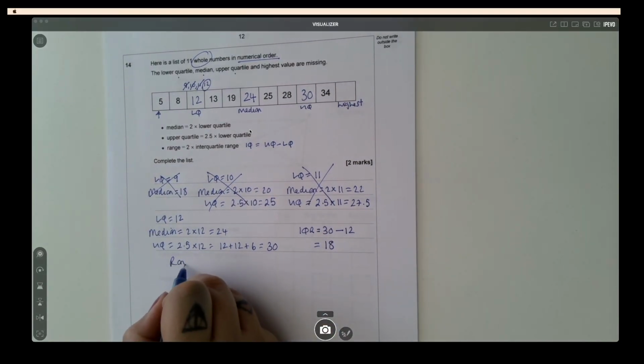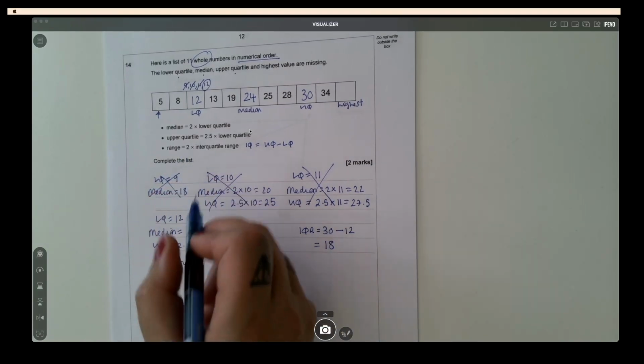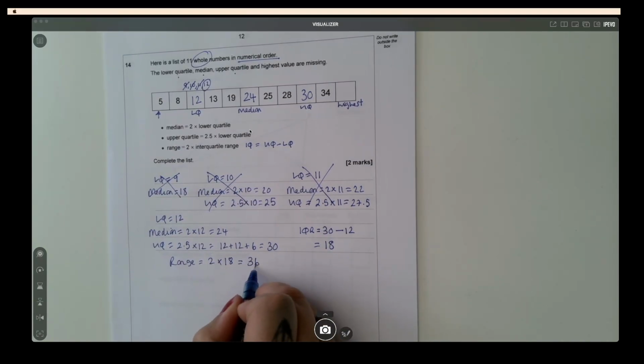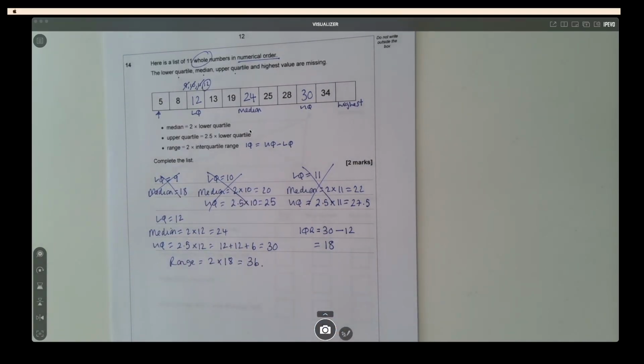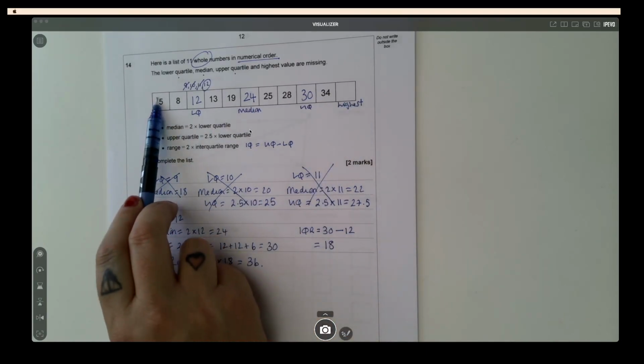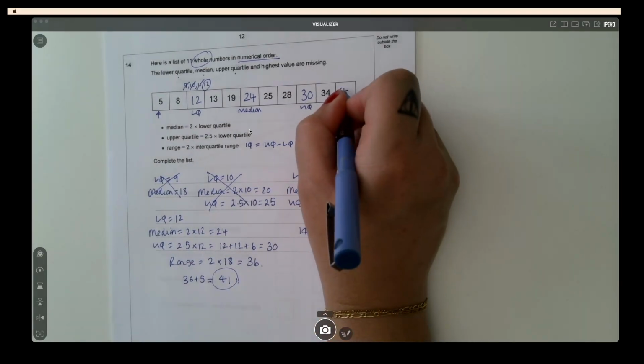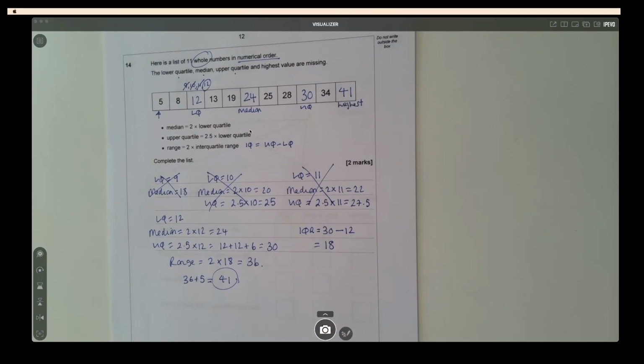The range is 2 times that interquartile range, so it's 2 times 18, which is 36. To find the range, we would have done the highest value take away the smallest value. So if we add the smallest value to the range, that will tell us what the highest value should be.